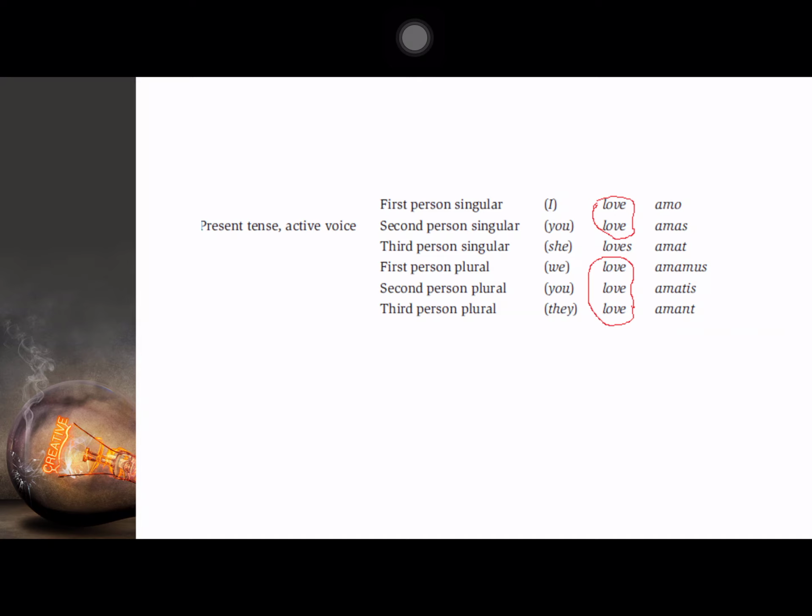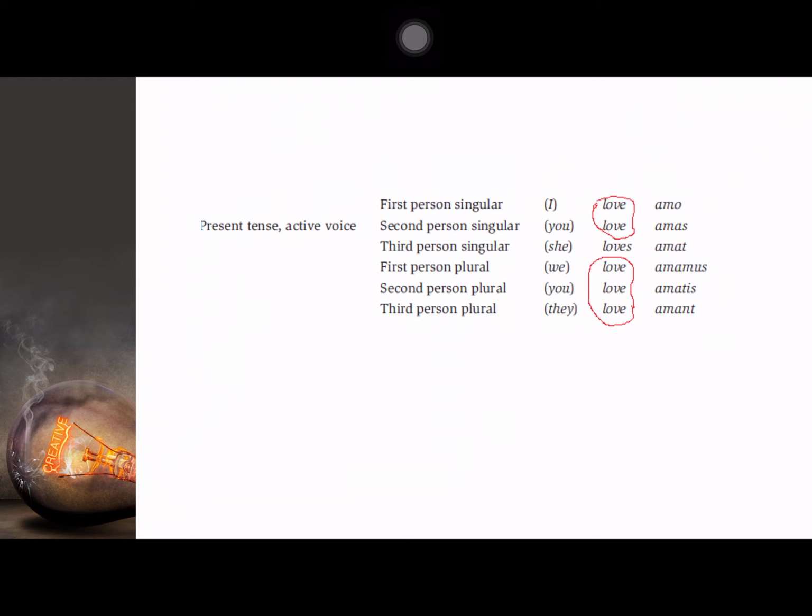They are not similar, they are all different in terms of form. On the contrary, English verb forms are mostly the same with no changes except one exception, which is the third person singular, she loves.